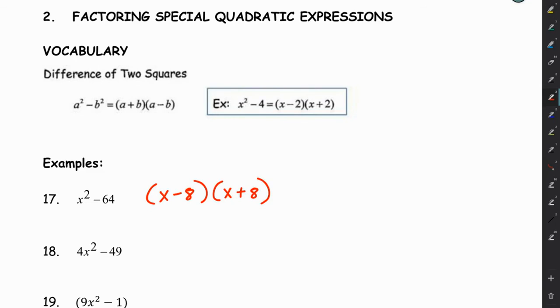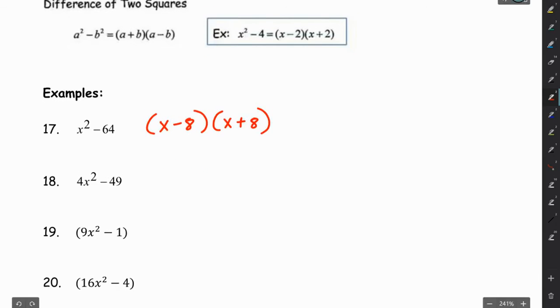This one, number 18, is a little bit sneakier. First, I'm going to rewrite this, and that makes it really easy to see what the perfect squares are now. 2x squared in parentheses is the same as 4x squared. So my factors would be 2x minus 7, 2x plus 7.